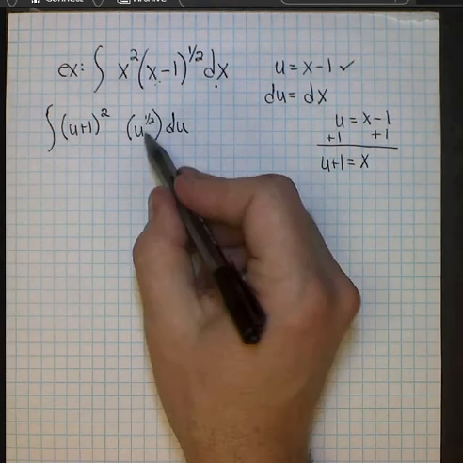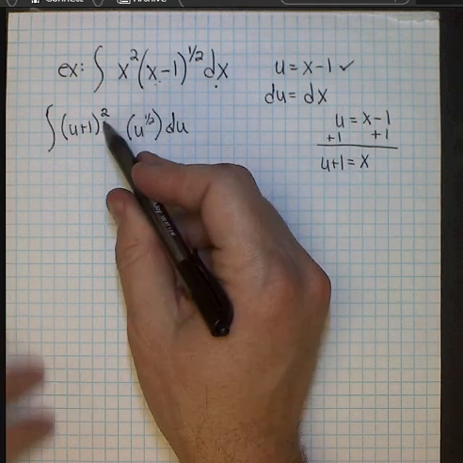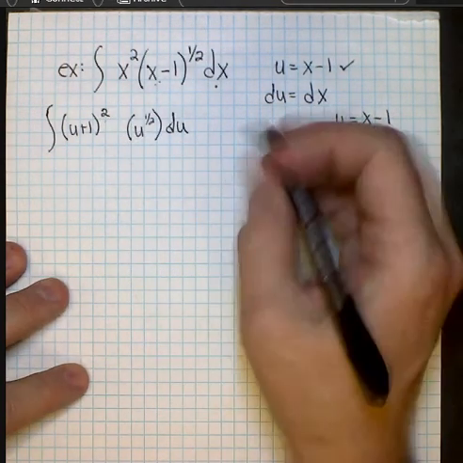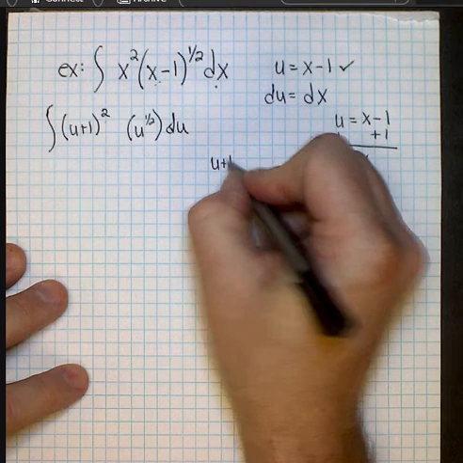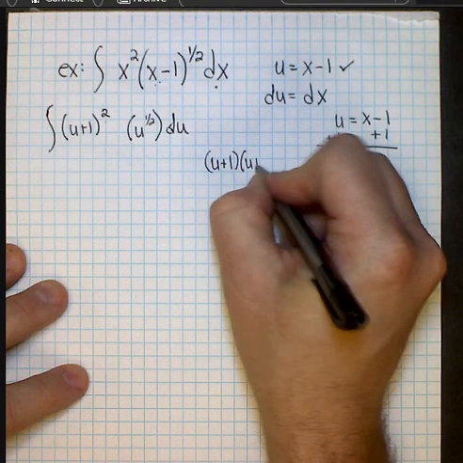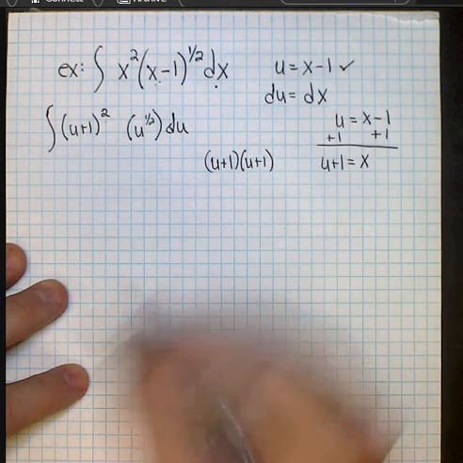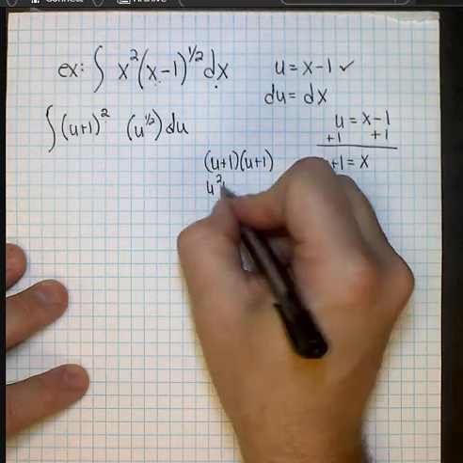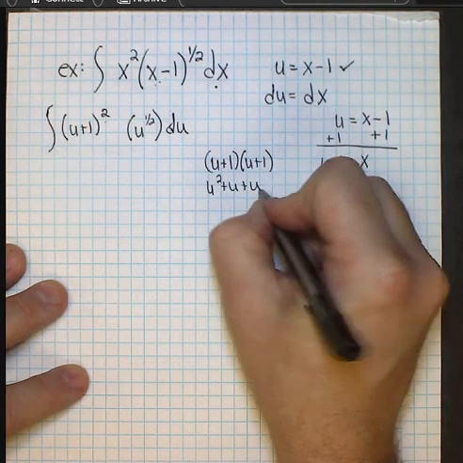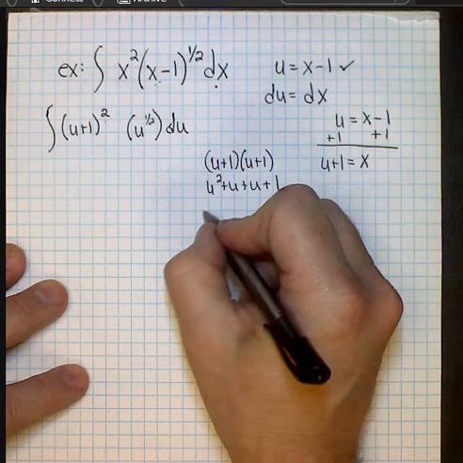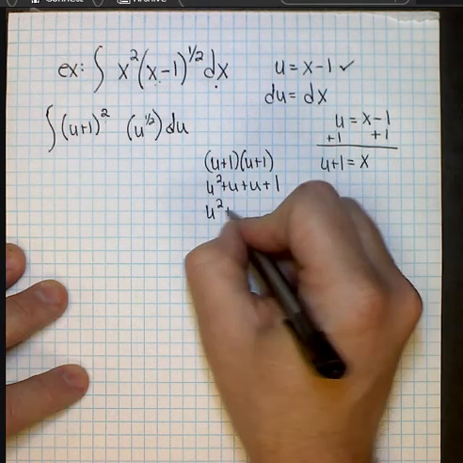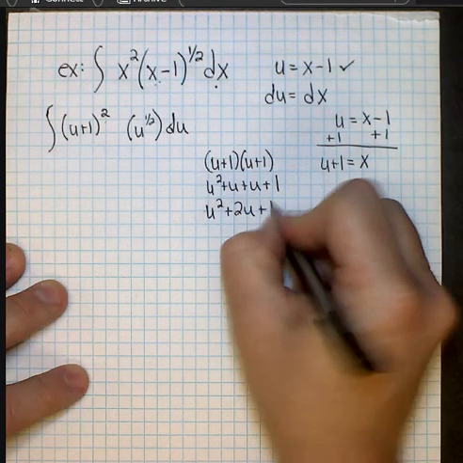Now I can't distribute this through because that's being raised to a power. So what I'm going to do is do a little side work here. u plus 1 squared means this. And then when I FOIL this, I get u squared plus u plus u plus 1. So that's u squared plus 2u plus 1.